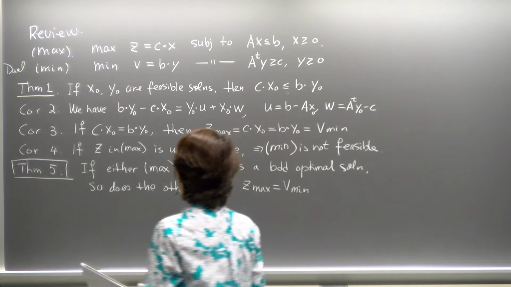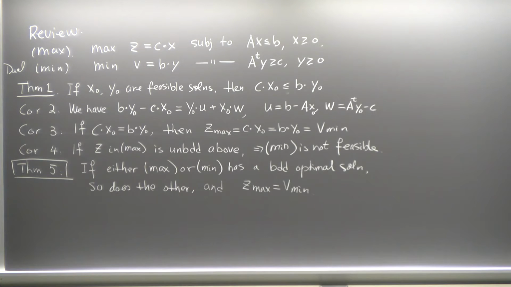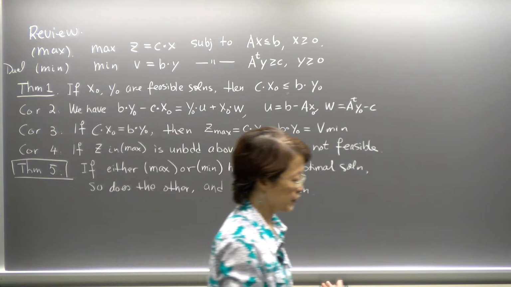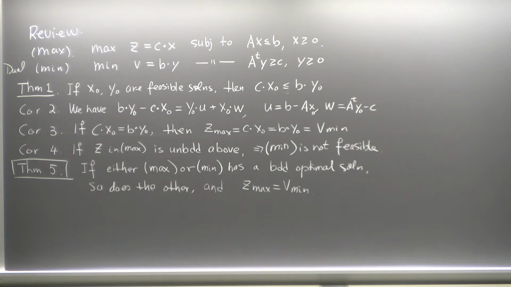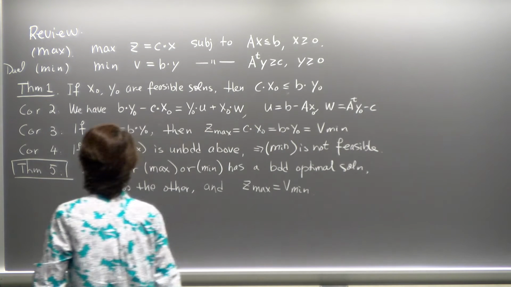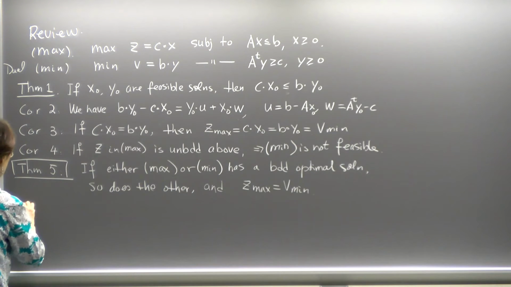Okay, and also in the proof, we notice that, okay, so this is a constructive proof. The proof goes through the simplex algorithm and looking at the last row of the tableau and conclude a lot of things right from there. So that last row of the tableau is particularly important in this setting right now.